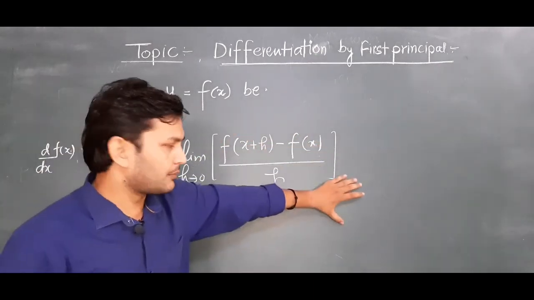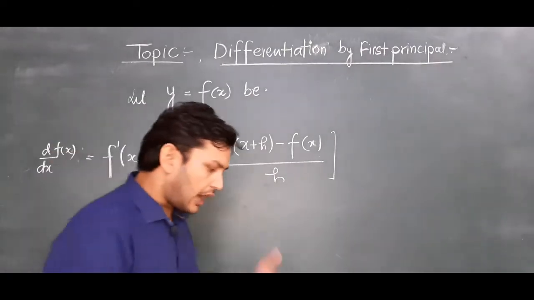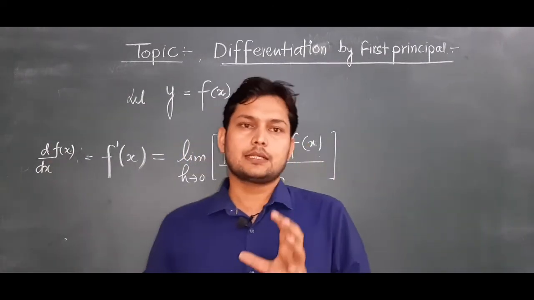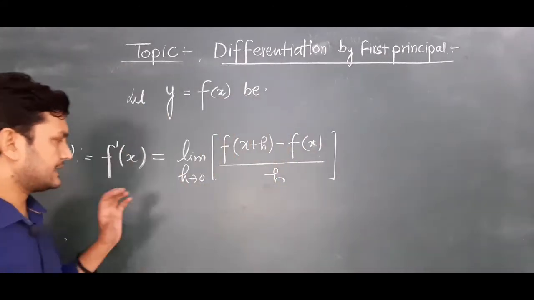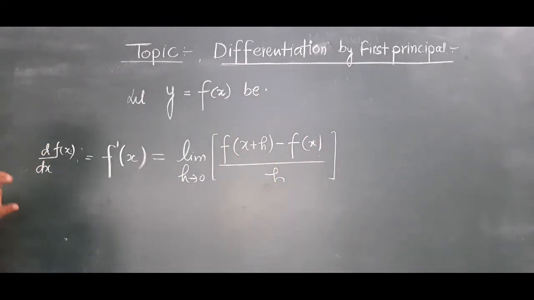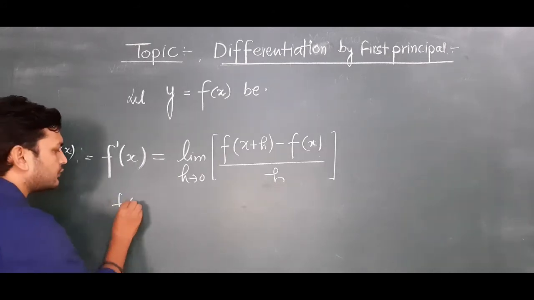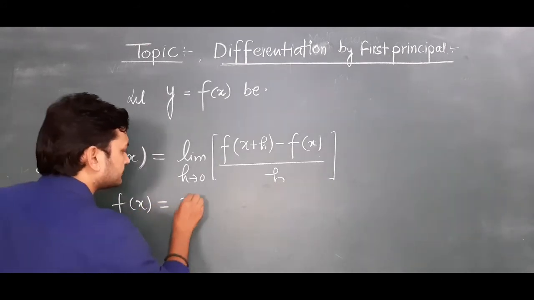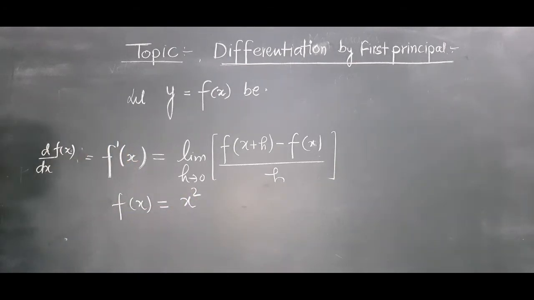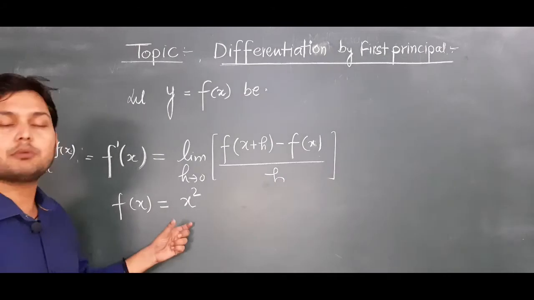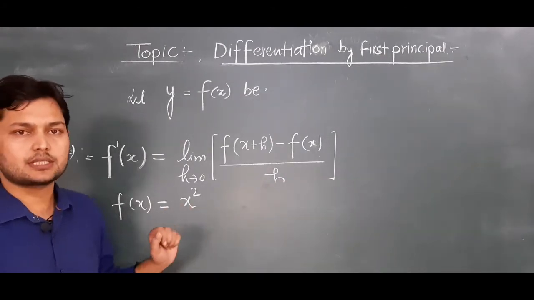So this is the formula we will use, but how can we apply it? For that we should look at an example. Suppose you have a function f(x) is equal to x square, and you want to find its derivative.